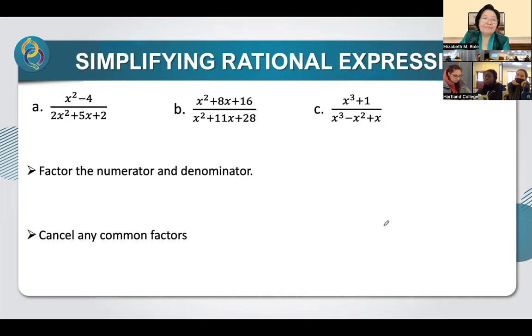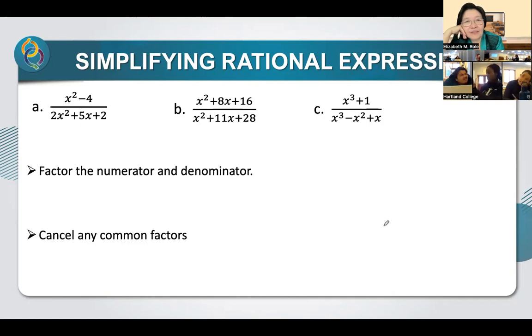We continue exercising our factoring. Letter A, I don't need to explain. You can solve, everyone. Okay, x squared minus 4 divided by 2x squared plus 5x plus 2.